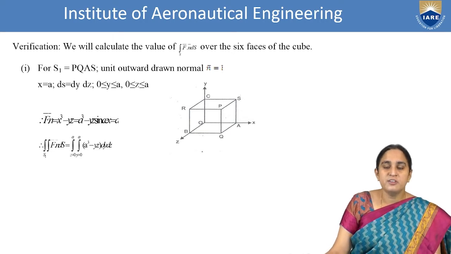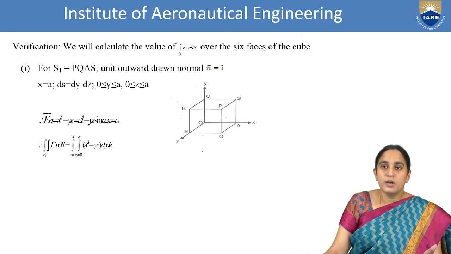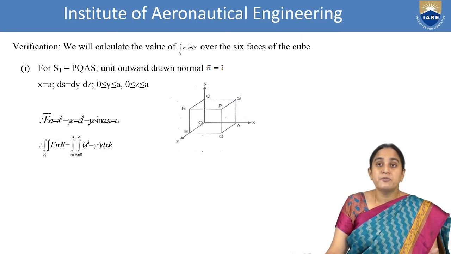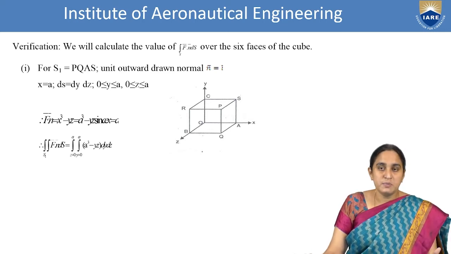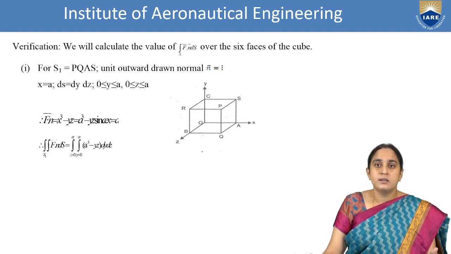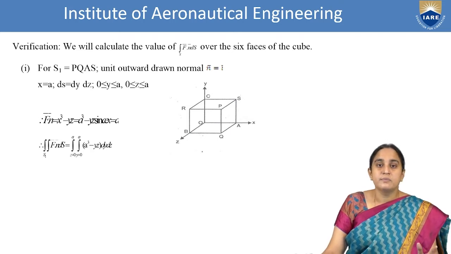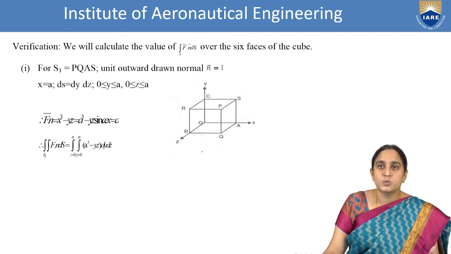Cube means how many faces? 6 faces. Now we have to calculate the surface integral on each and every face of the cube. That means the cube has 6 faces. Now we have to calculate the answers for those 6 faces, then add all the values. If both answers are equal, compared to the RHS answer, therefore the Gauss divergence theorem is verified for that first question.